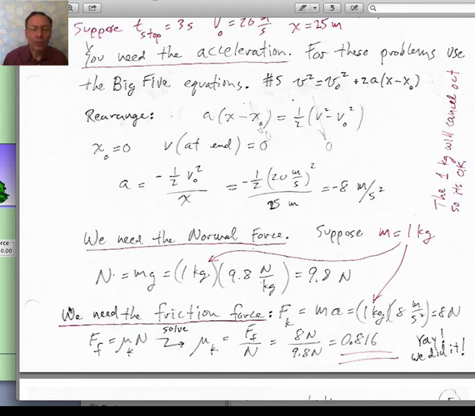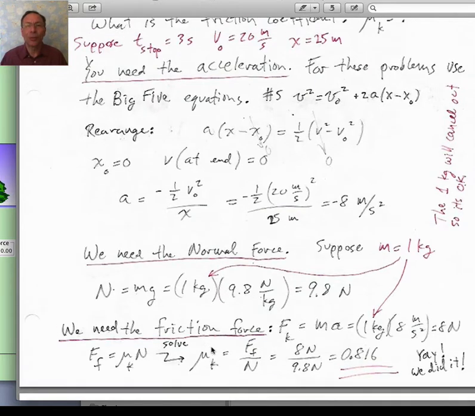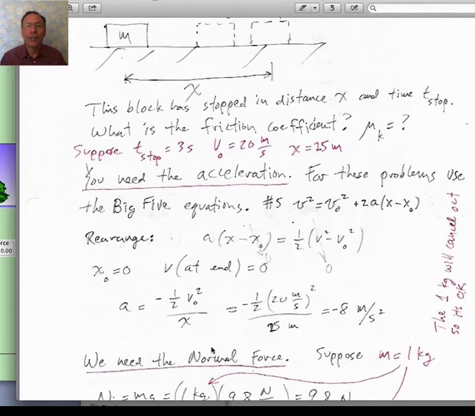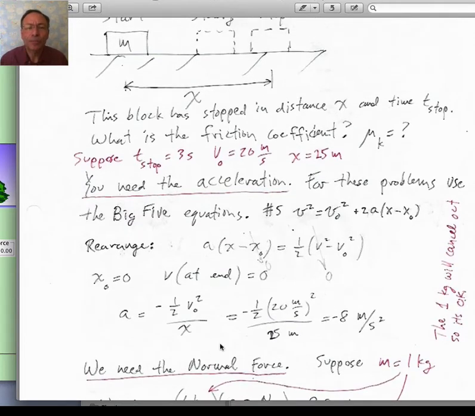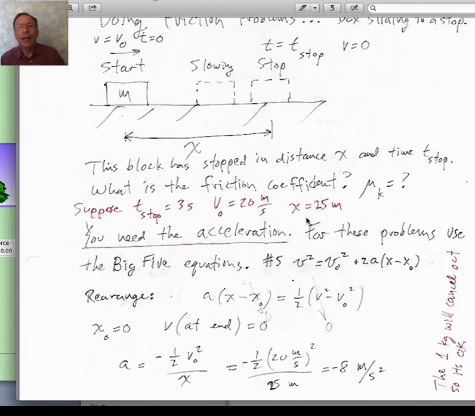We're going to figure out the friction force, and then we're going to put the acceleration and these forces together and get the coefficient, the kinetic friction coefficient, which is what we are being asked to do, right? What is the friction coefficient? Okay, to get started, we need to figure out this acceleration.